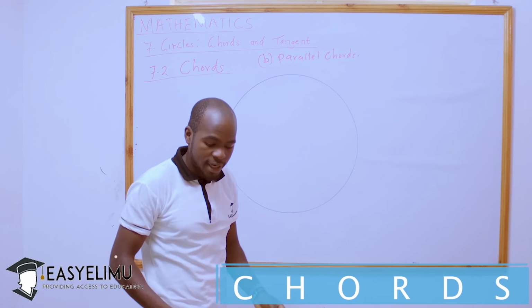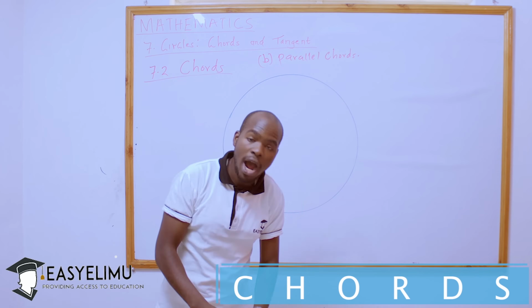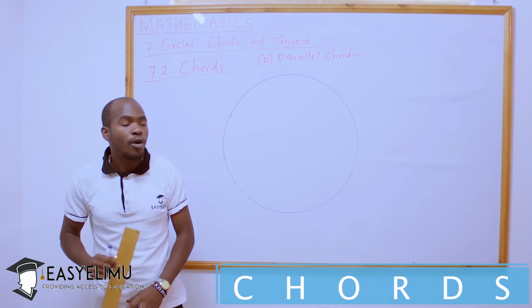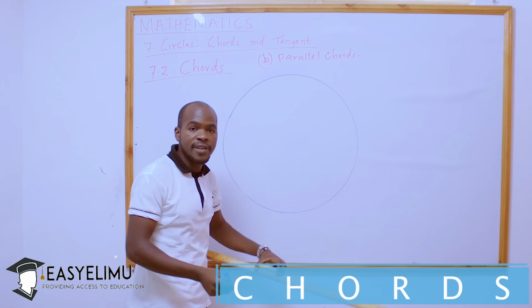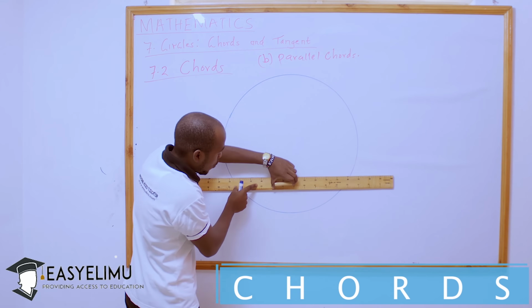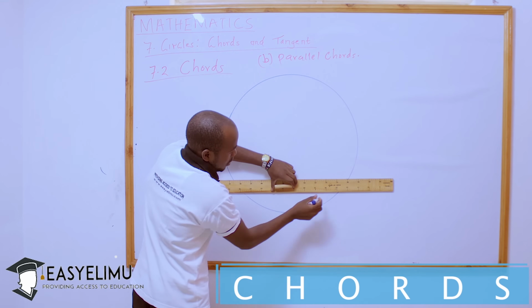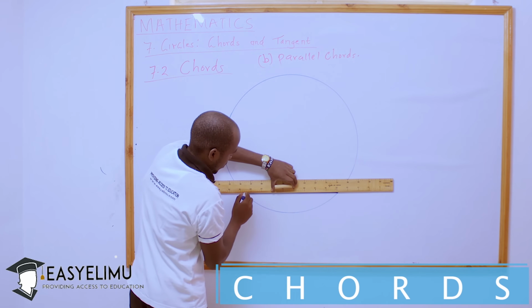I'm having a circle of that kind, and in that circle I'm going to draw two chords. One is 8 cm, so I will take one as 8 cm on the lower part here.